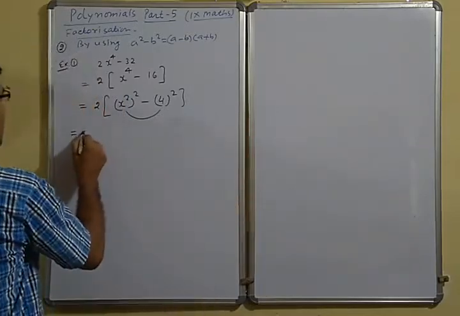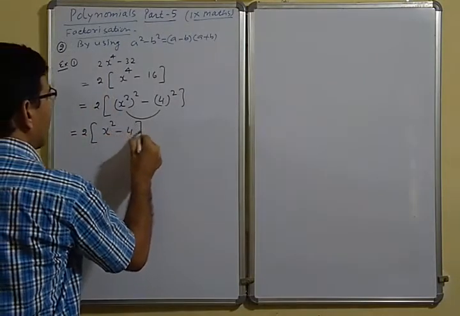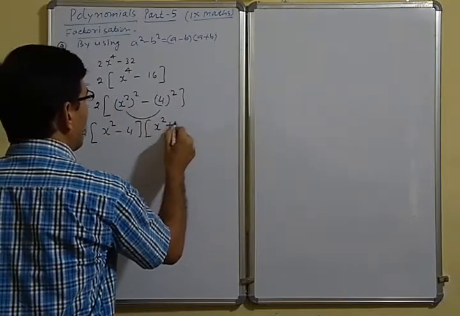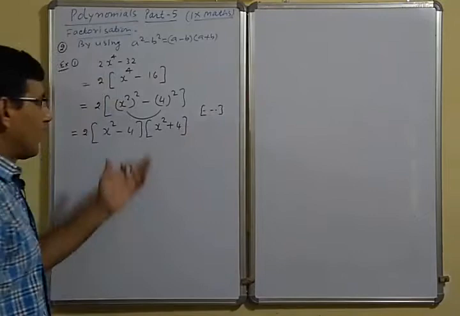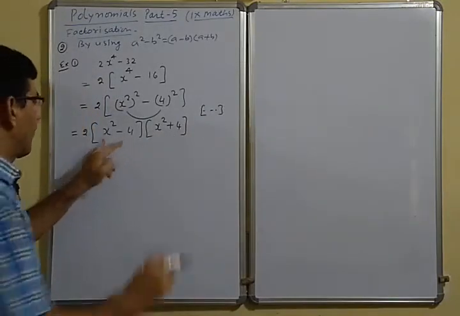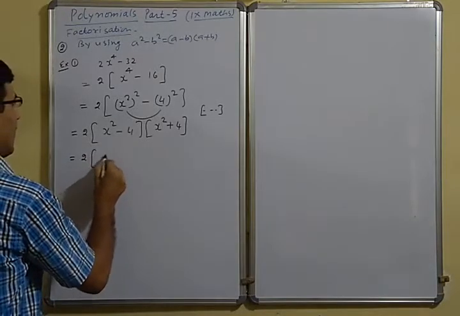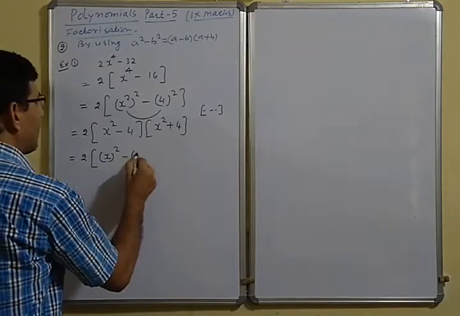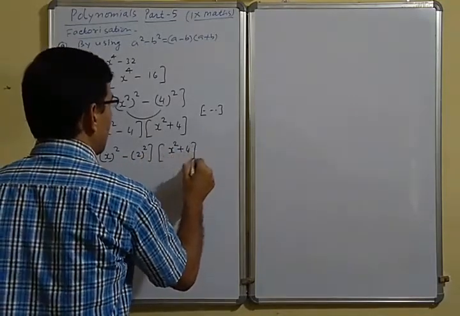So it becomes 2 times, in first bracket it is x square minus 4, and in the second bracket it is x square plus 4. Here we will mention the formula. Now again let us see, this cannot be factorized, this is plus, so this cannot be factorized. But x square minus 4 can be. So once again we will write it as 2 times x whole square minus 2 square, in other bracket x square plus 4.